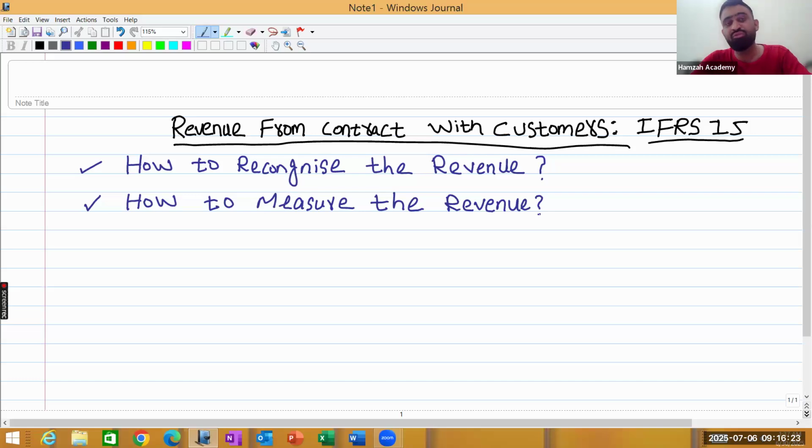How to recognize the revenue and how to measure the revenue, that is the objective of IFRS 15.